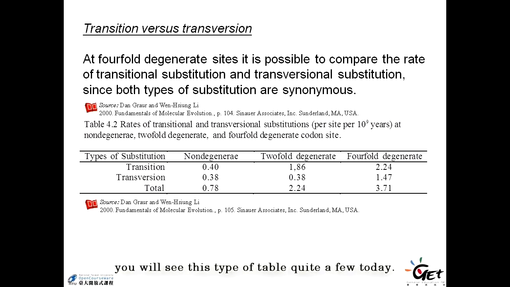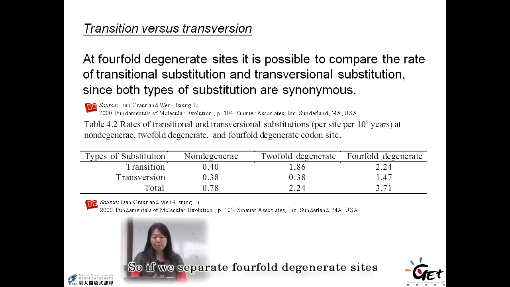You will see this type of table quite a few times today, because we want to ask, at different positions of the coding sequence, what's the transition and transversion rate in general. This is like what is in your textbook, what people had done at that time. Now we have more data, but the data seems consistent with previous observation.